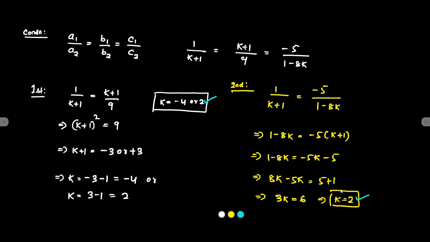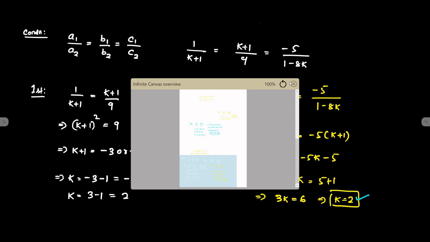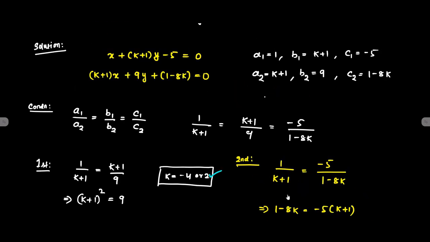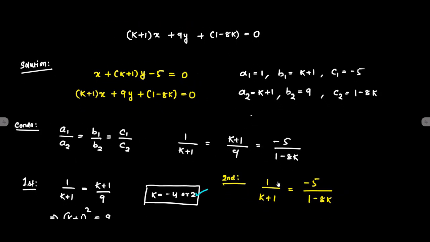We are getting 2 in both the cases, so obviously 2 is the value for which the given system of linear equations in two variables will have infinitely many solutions. So for k is equal to 2, this system of linear equations will have infinitely many solutions.